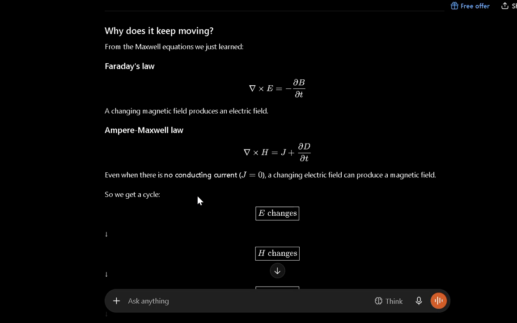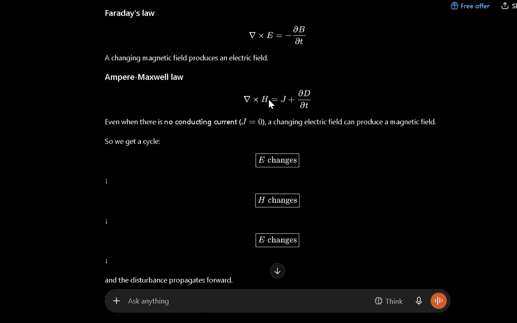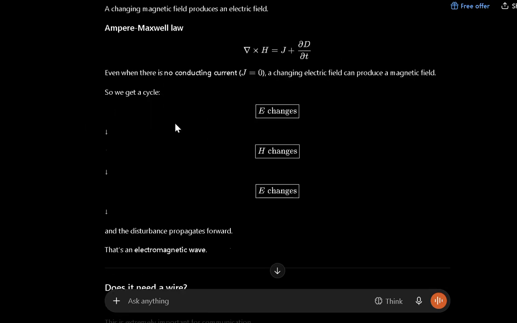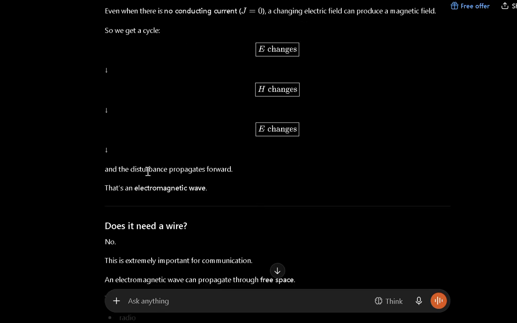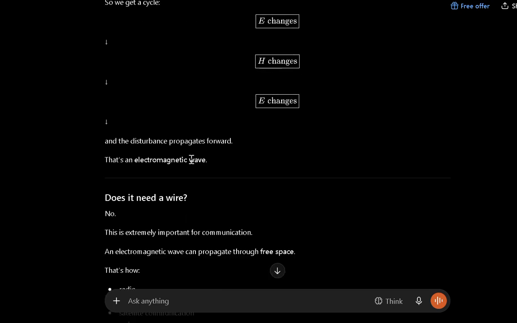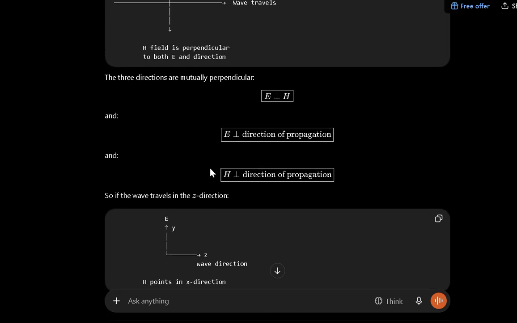And a changing electric field, or changing current, produces a magnetic field. Even though the conducting current J equals zero, a changing electric field can produce a magnetic field. So you get a cycle: it changes, it changes, and the disturbance progresses forward. That's an electromagnetic wave.